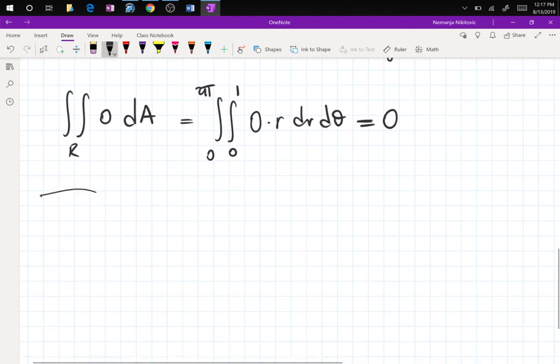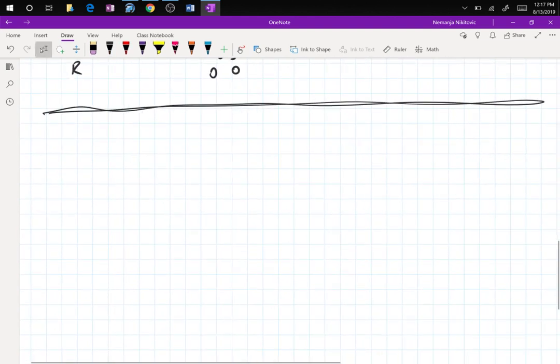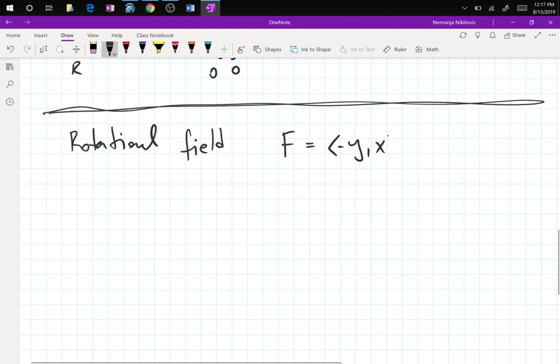Now we can also repeat for this problem. Let's also repeat the radial one and get the same 2 pi answer for the rotational field, right? So, rotational field, and that's f with the negative y, x, right?